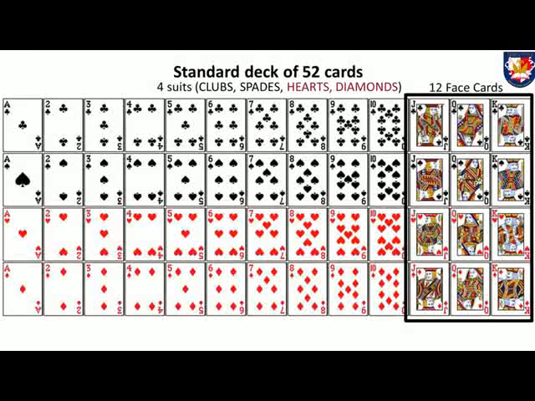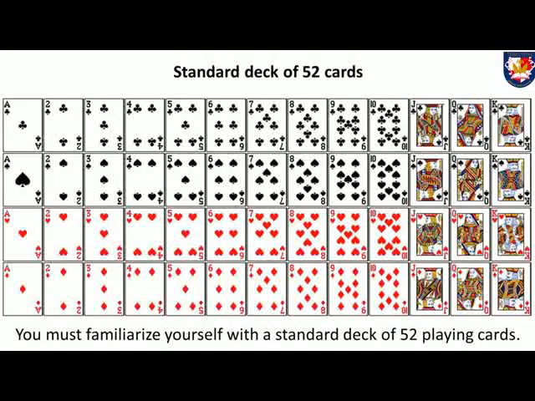There are 12 face cards, and if you look at those cards, they actually have faces on them. That is why they're called face cards. The J stands for jacks and there are 4 jacks. The Q stands for queens and there are 4 queens, and the K stands for kings and there are 4 kings. So the 12 face cards are the 4 jacks, the 4 queens, and the 4 kings, and there are 6 black face cards and 6 red face cards.